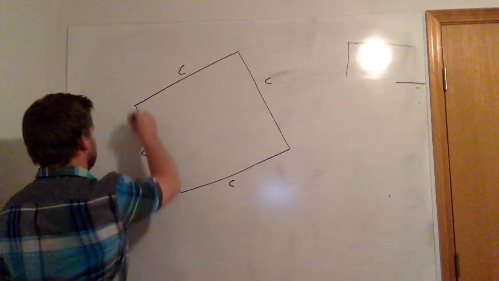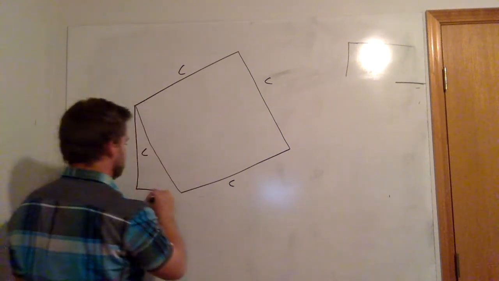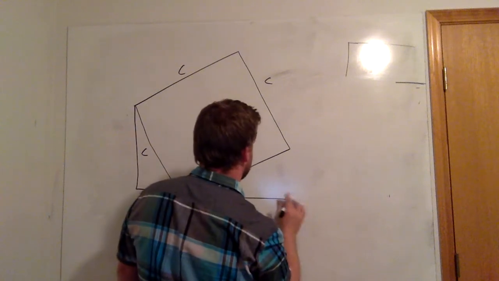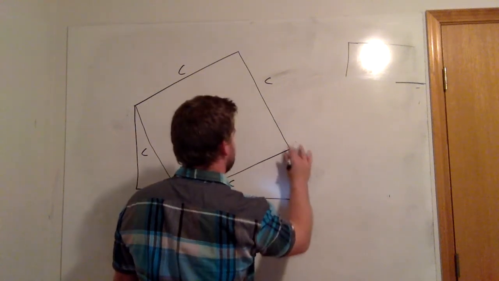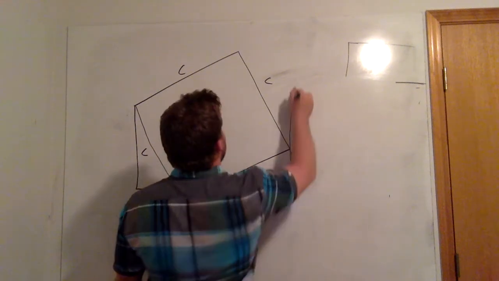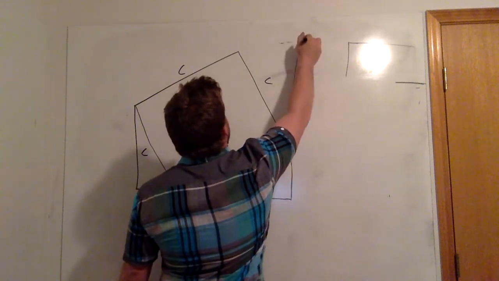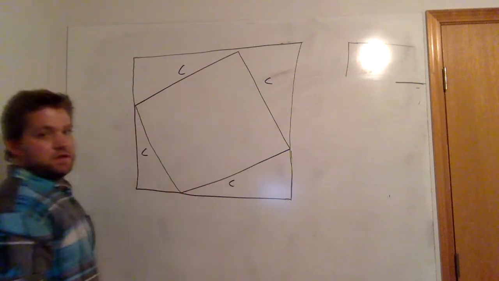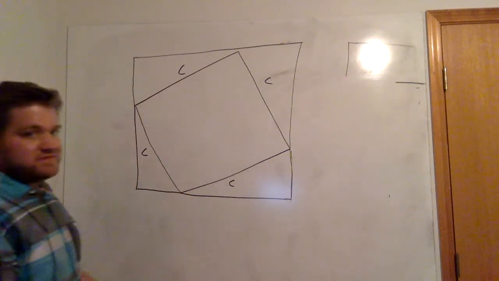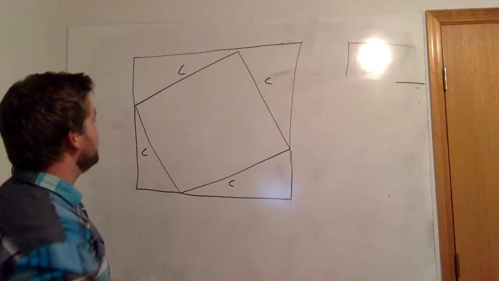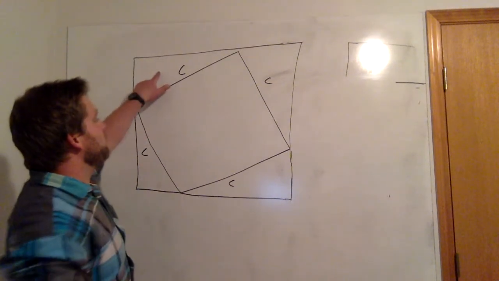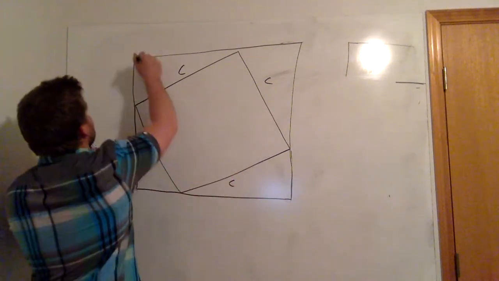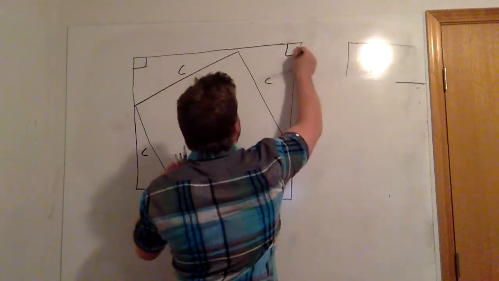So let's make another box. And while this is definitely not perfect, what we have here is we are going to get four right triangles, and all four of them should be the same.